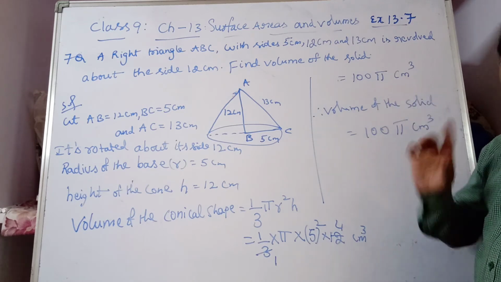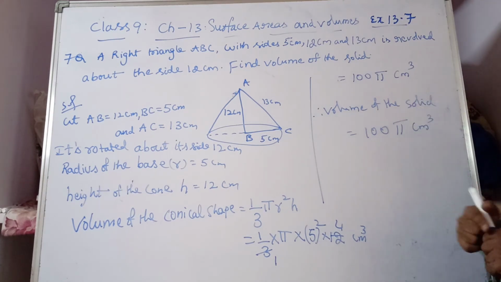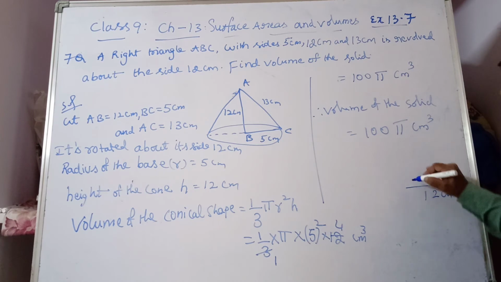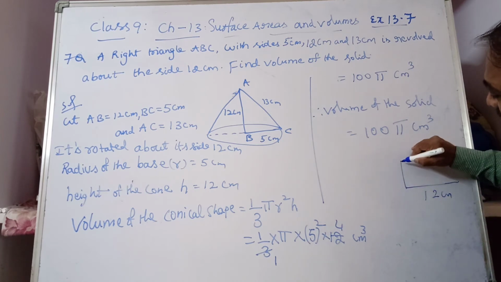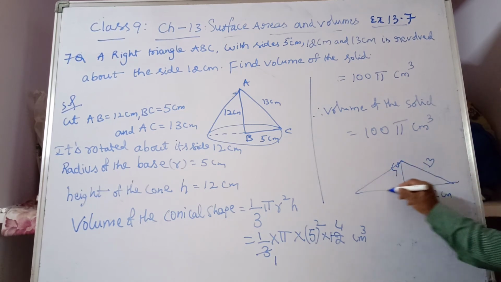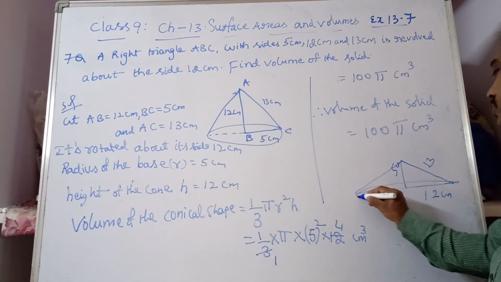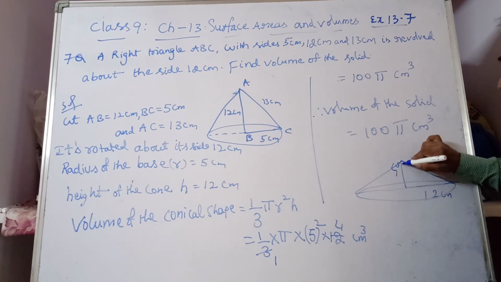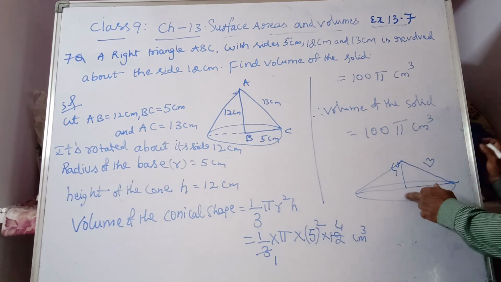If it is rotating about the side 5 centimeter, then the diagram will be like this. This is 12 centimeter and this will be 5 centimeter, and this is 13 centimeter. Now it will rotate like this. So in that case, height will become 5 and radius is 12.